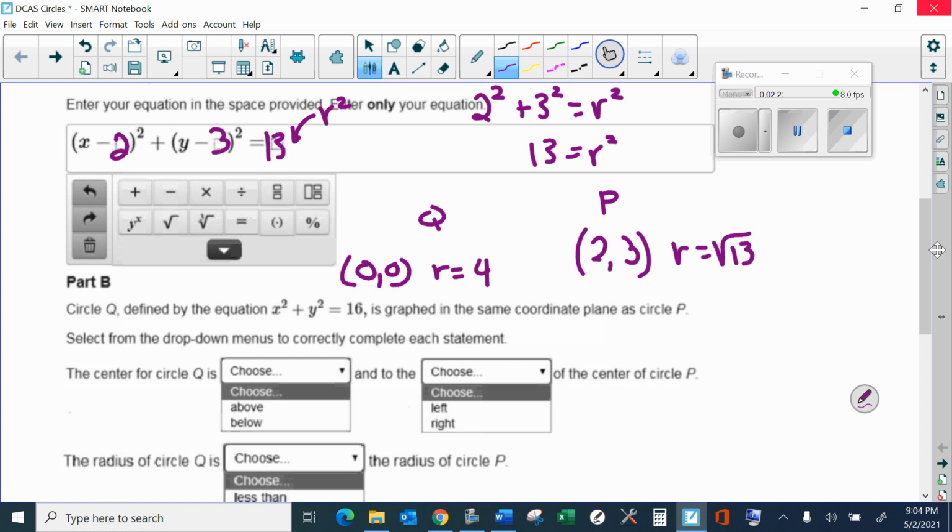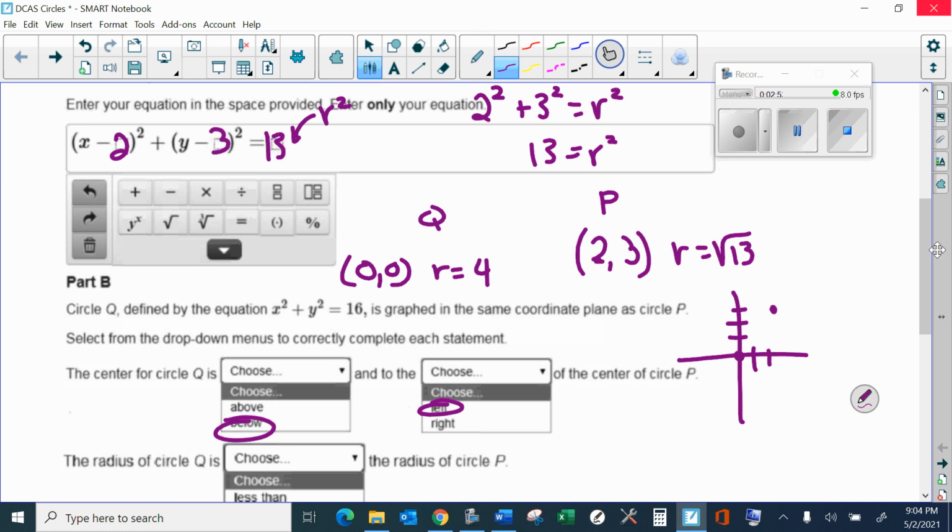Okay. Select the circle. The center for circle Q is above or below? 0, 0 is below. And to the what? 0, 0 is below and to the left of circle P. Obviously, you have 2, 3 right here for that center and 0, 0 for that center.